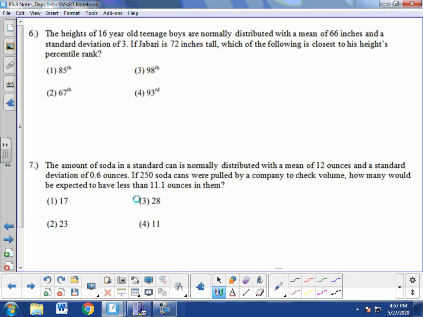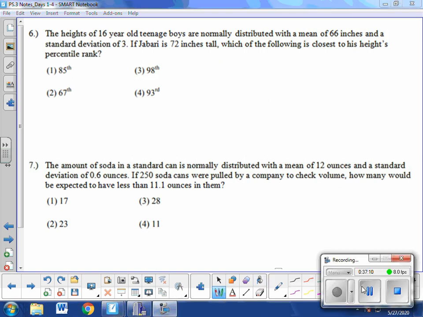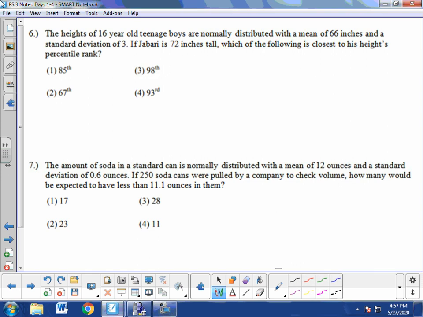So for Jabari, he is 72 inches tall. We know that the mean of these data points is 66 inches. So what we can do here is take 72 inches and subtract the mean, 66. And then we can divide by the standard deviation.